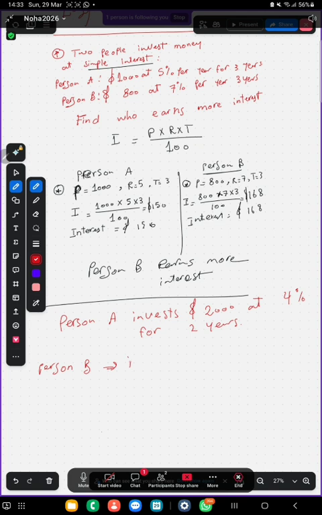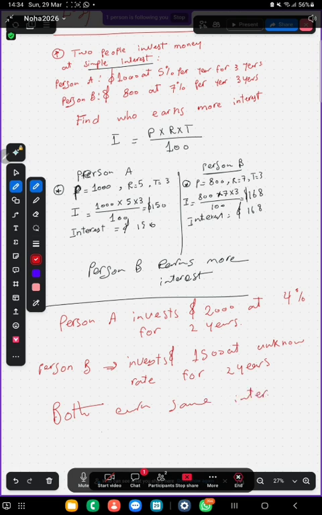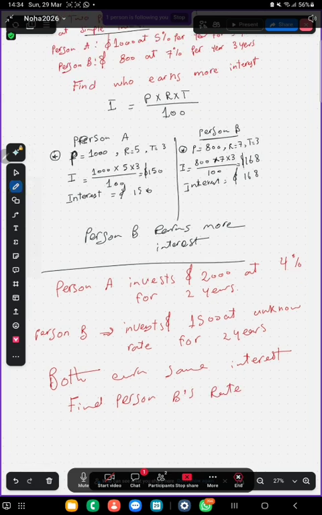Person B invests $1,500 at an unknown rate for 2 years also. And he said both earn the same interest, and he wants you to find person B's rate. Could we try?